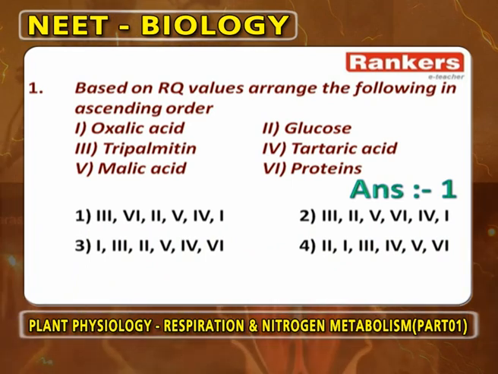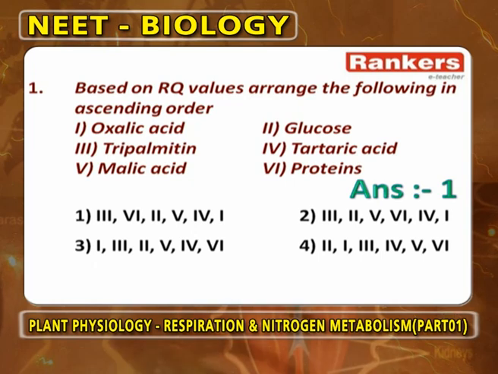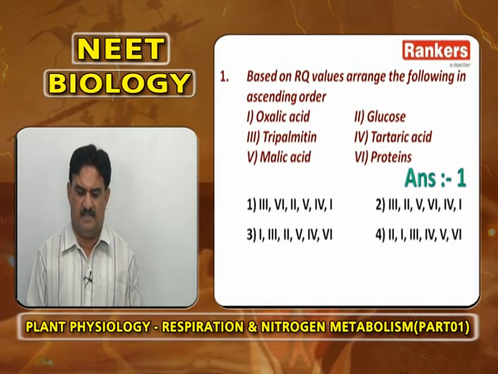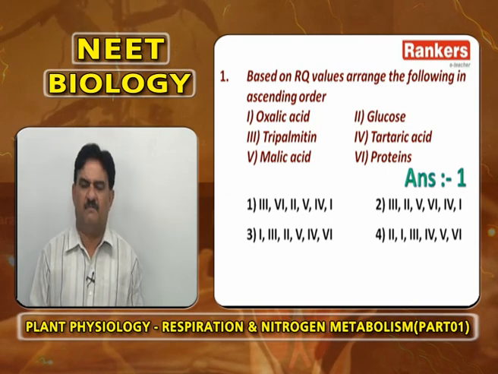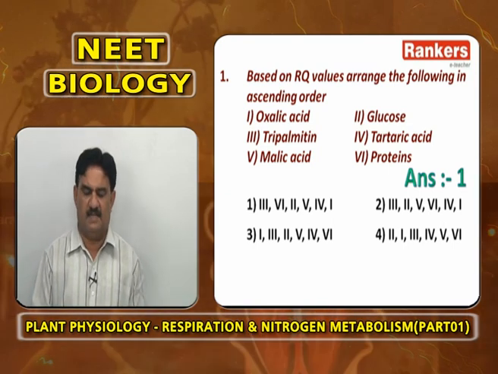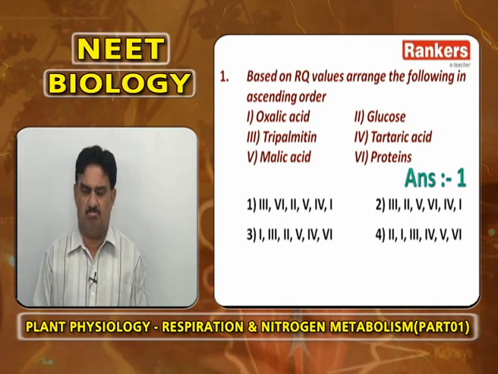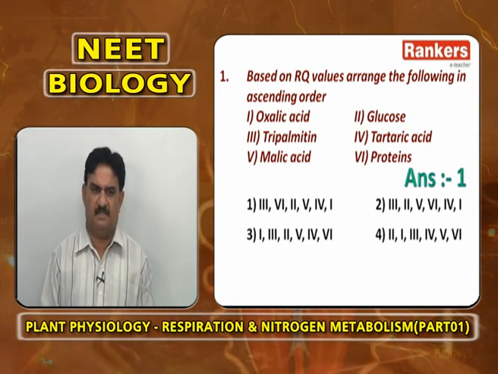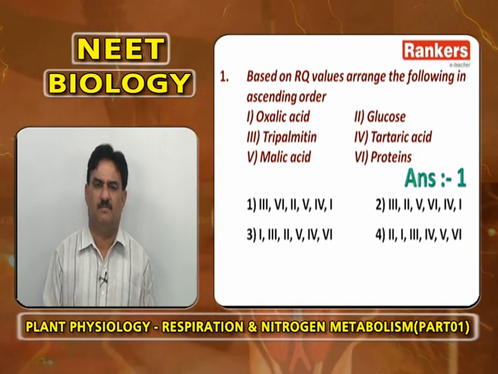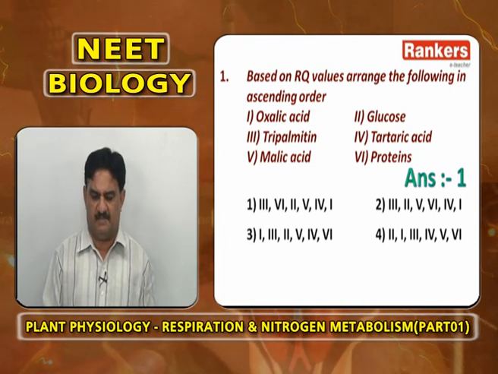Based on RQ values, arrange the following in ascending order: oxalic acid, glucose, tripalmitin, tartaric acid, malic acid, proteins. Tripalmitin is a fat, so RQ is less than 1. Proteins also have less oxygen content, so during respiration more oxygen is absorbed and less carbon dioxide is liberated.